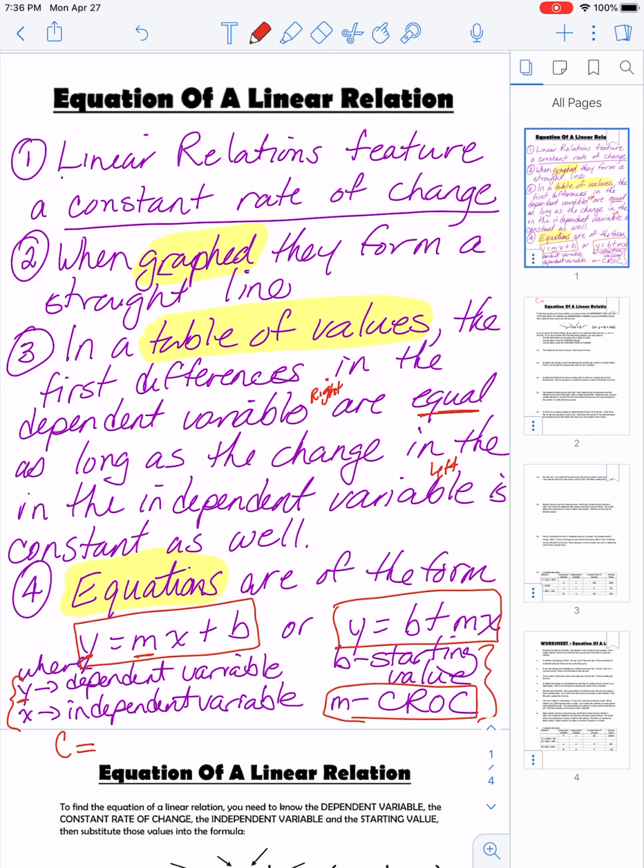So m is that constant rate of change. Let's say it's $25 a person. So that could be $25 times the number of people who show up. So x, your independent variable, would be how many people. Cost depends on how many people, so cost is your dependent variable and how many people there are is your independent variable.